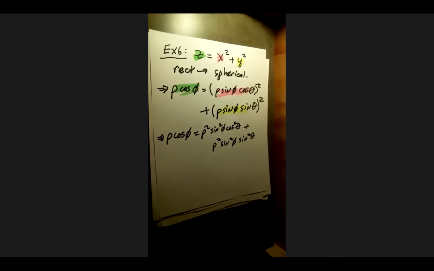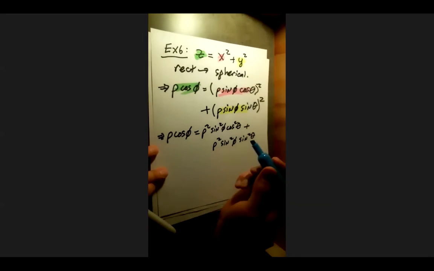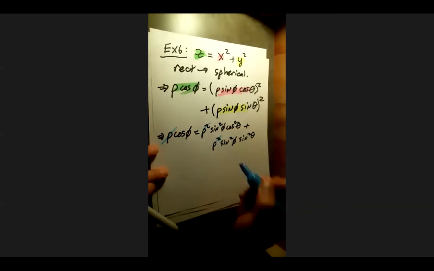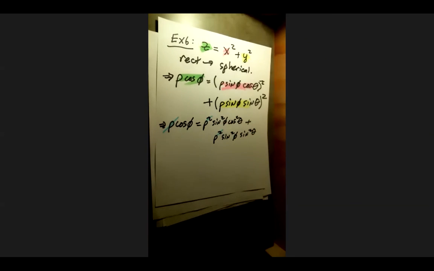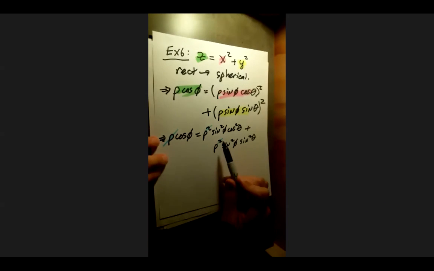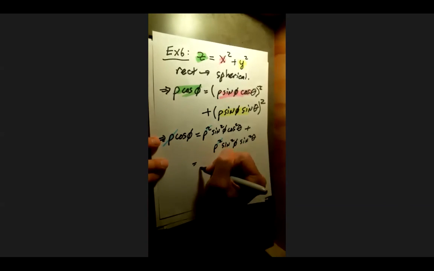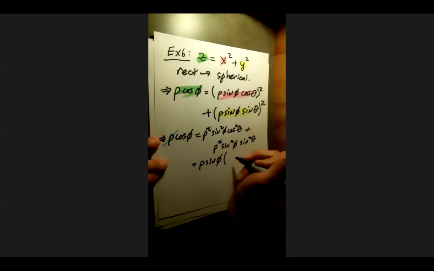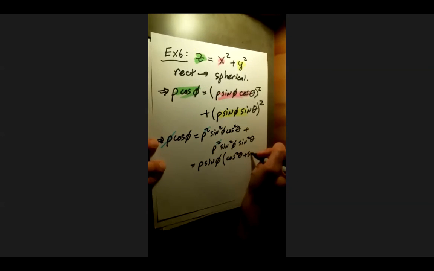Looks like there's a common factor of rho throughout. So that's nice. And then on the right side, we have a common factor of rho sine phi. Rho sine phi times cosine squared theta plus sine squared theta.